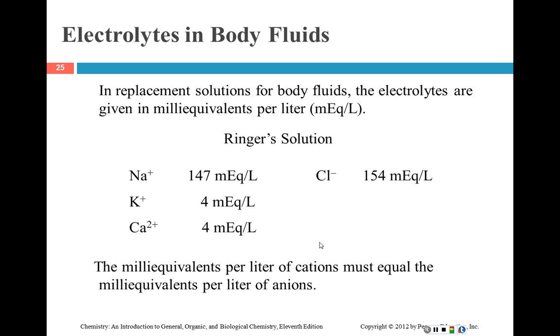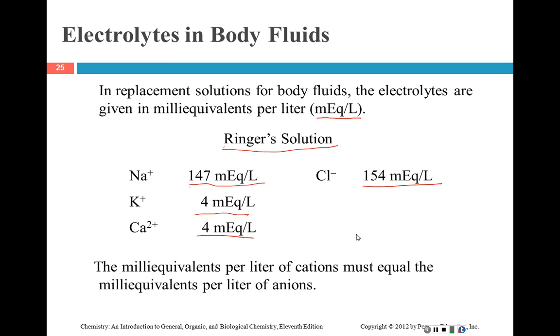You may have seen this if you work in the healthcare industry, or if you've had a class in it, with IV solutions. You often see them stated as milliequivalents per liter. Ringer's solution, for example, which is a pretty common IV solution to replace electrolytes, has 147 milliequivalents per liter of sodium, 4 milliequivalents per liter of potassium, 4 milliequivalents per liter of calcium, and 154 milliequivalents per liter of chloride.